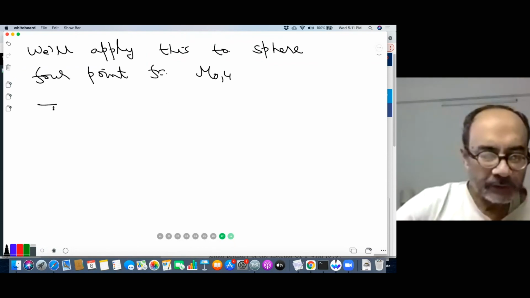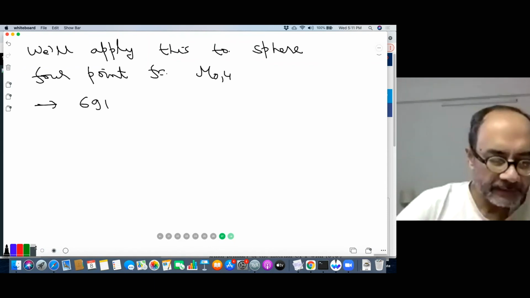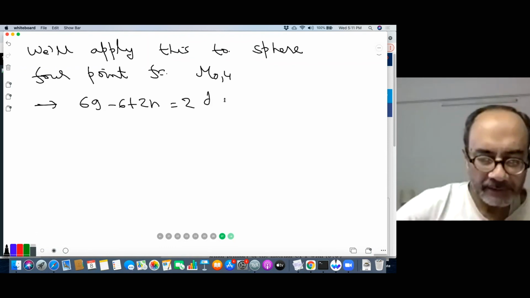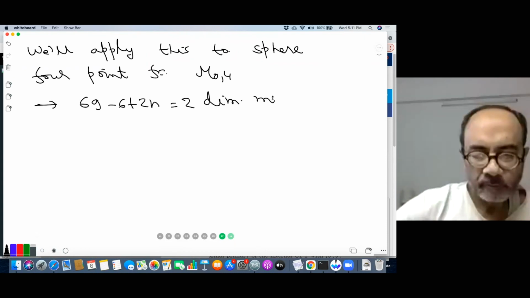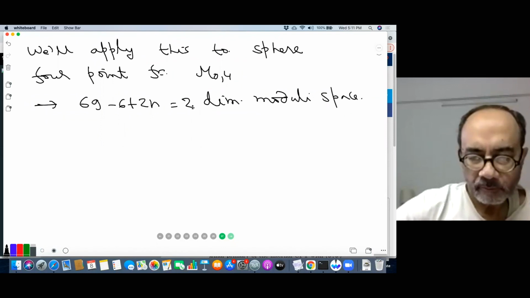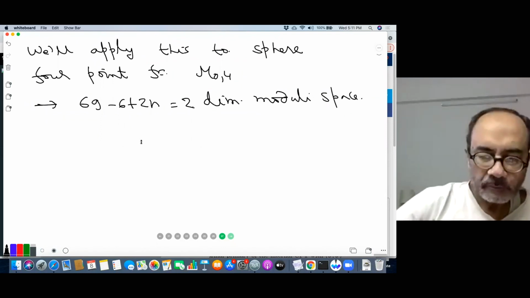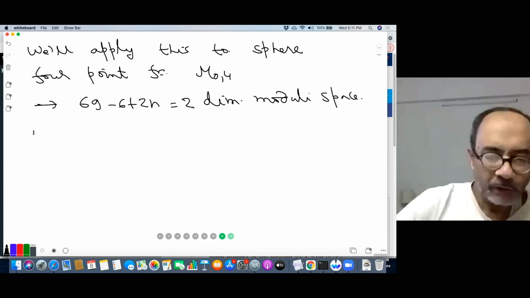So this has 6G minus 6 plus 2n dimensions. N is 4, G is 0. So this is a 2-dimensional moduli space. And here we will be computing on-shell amplitudes.